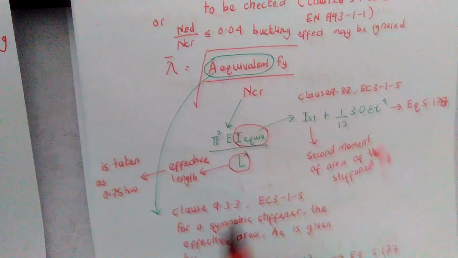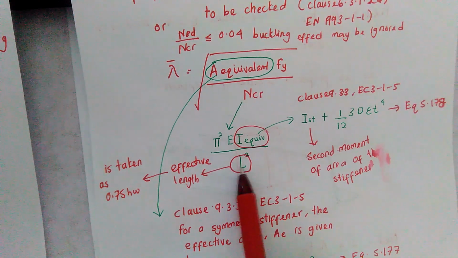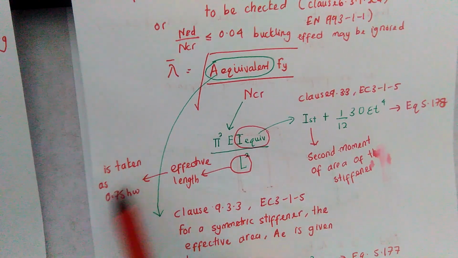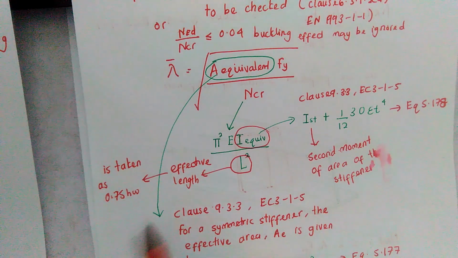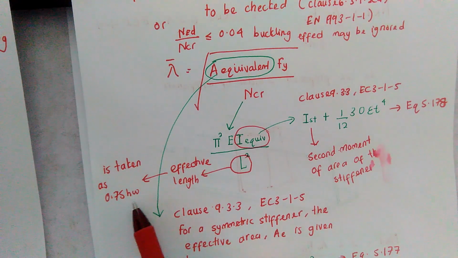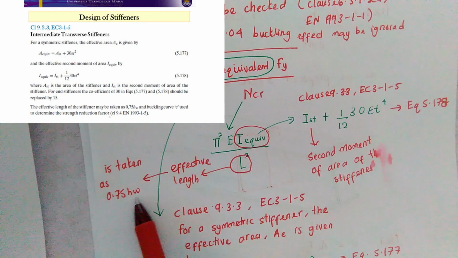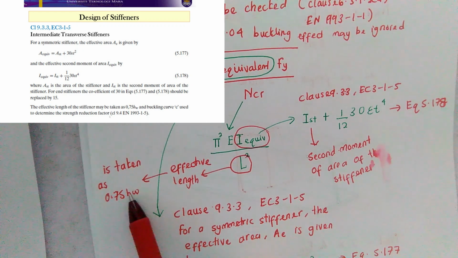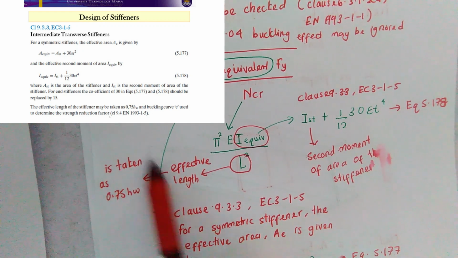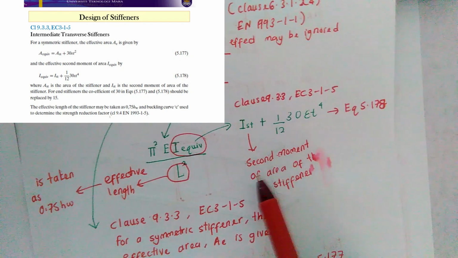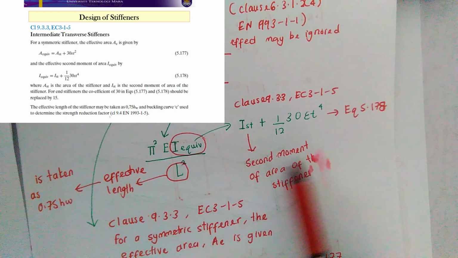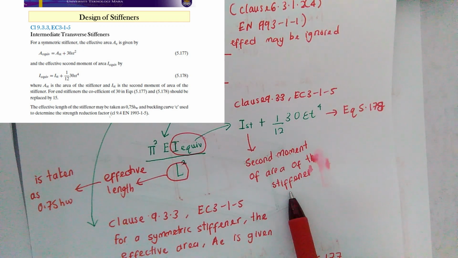And what does L mean? L is the effective length, which is taken as 0.5 h_w, and this can be referred to in the notes that we have in our class. So here are the notes referring to this statement. And I_st is the second moment of area of the stiffener, the one that we calculated earlier.